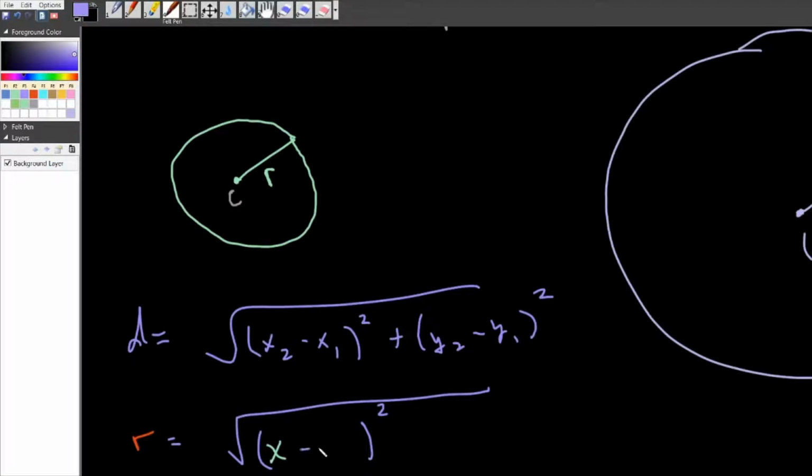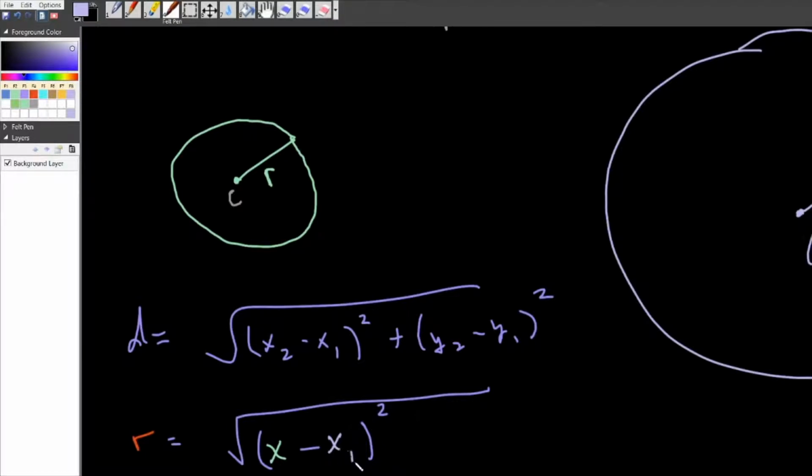So x minus the other x coordinate, which is x1. In fact, I'm going to change this from x1 comma y1 to h comma k. We've seen these letters before with vertex form.